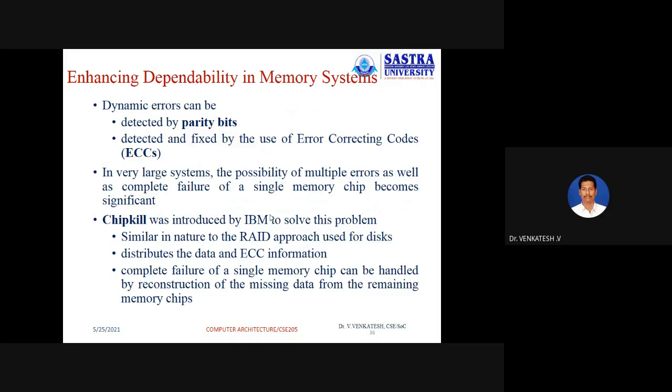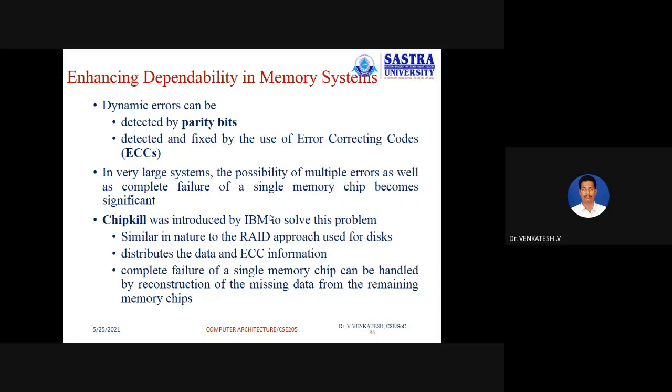If I want to handle multiple errors, Chipkill was introduced by IBM to solve this problem. You have studied in digital systems how multiple errors can be handled, and we use that theory for detection of errors as well as correction.